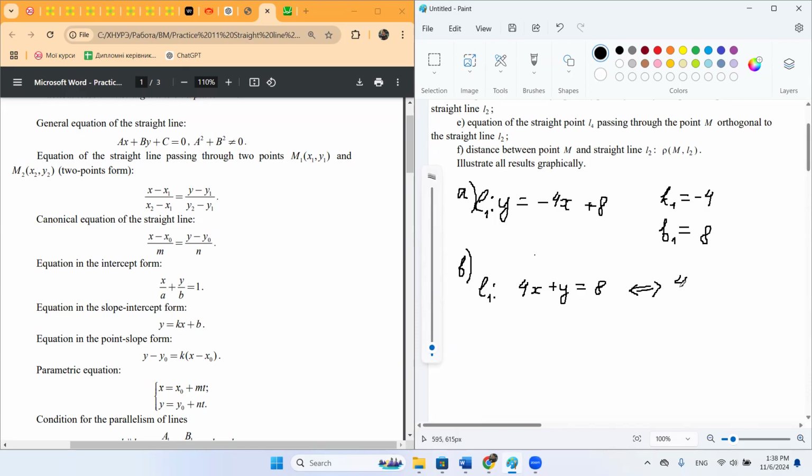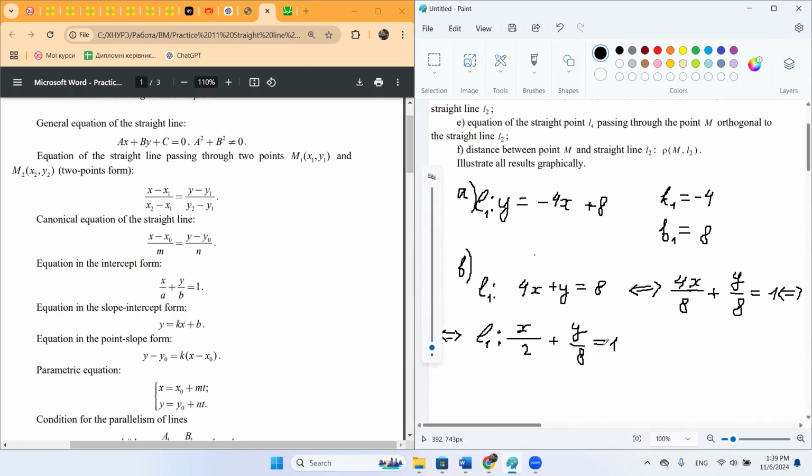So 4x by 8 plus y by 8 equals 1. So L1: x by 2 plus y by 8 equals 1.